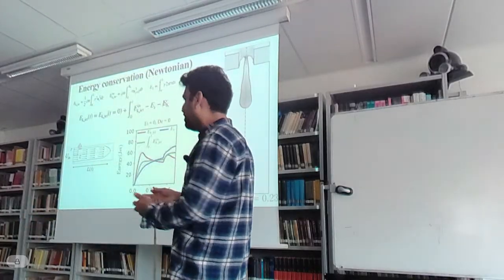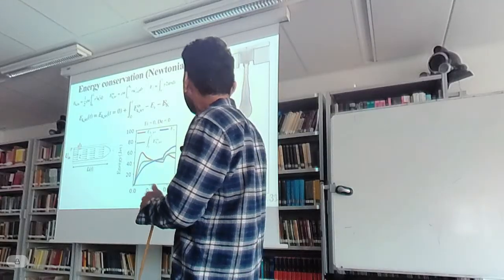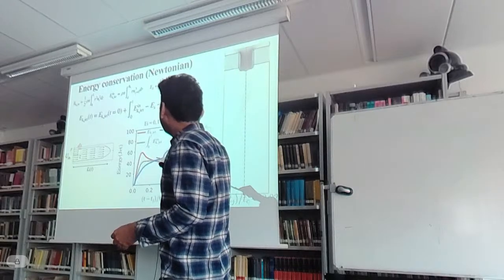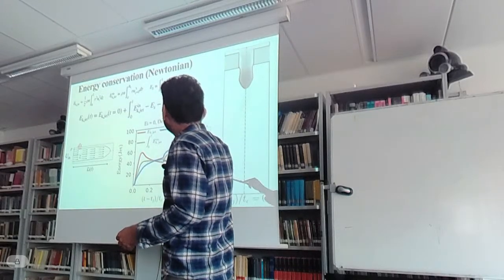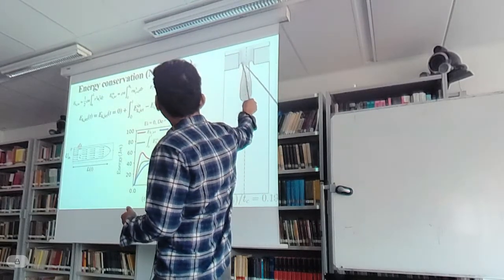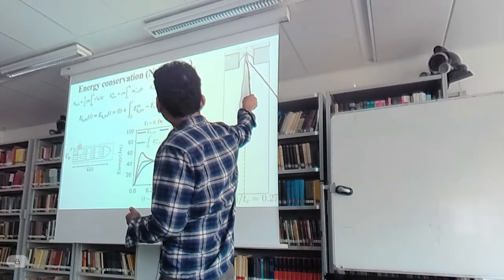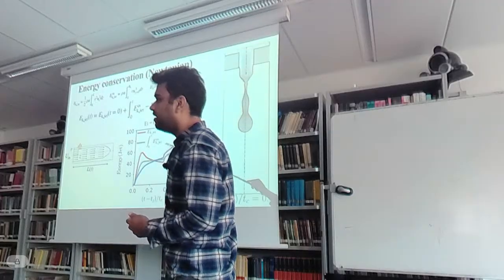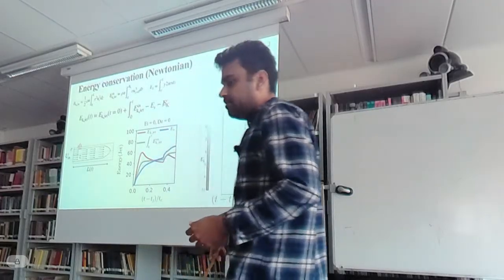So you are creating new surface at the expense of the slowing down of this jet. There is some influx initially, and at some time there is a periodic influx. For example, you will see here, there is some periodic influx of energy from the left boundary after a certain time as well.